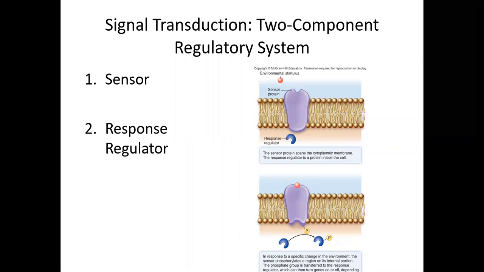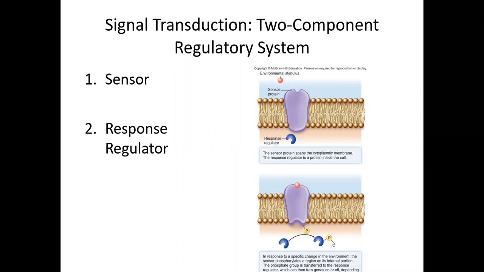Signal transduction. Like with quorum sensing, you have a stimulus, a sensor protein, and response regulators. So know that there are sensory proteins in the cell membrane that facilitate responses from the outside of the cell to the inside of the cell, right? And it usually occurs through phosphorylation.